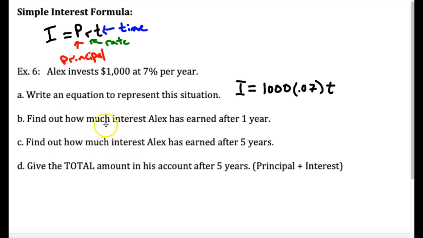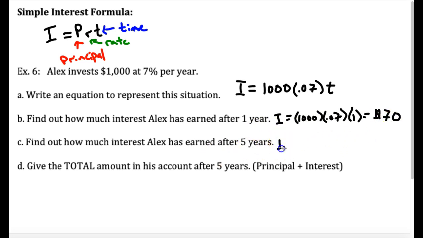Well, B and C ask us then to use this formula to find out how much interest we've earned after 1 year. So interest will be 1,000 times 0.07, and then time is 1. Right? We're saying after 1 year. So 1,000 times 0.07 is 70. Right? So after 1 year, made $70 in interest.